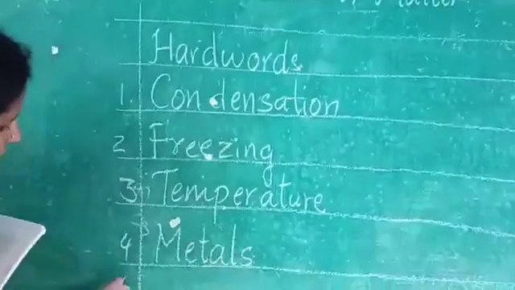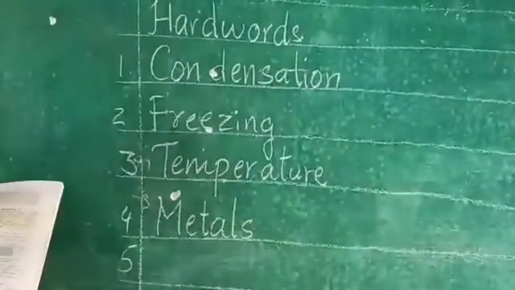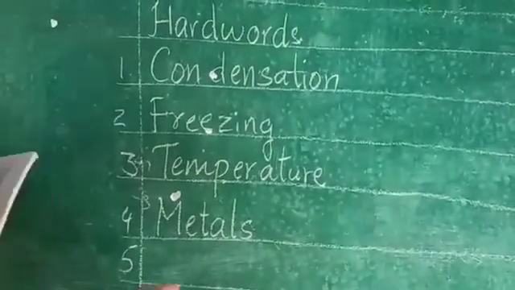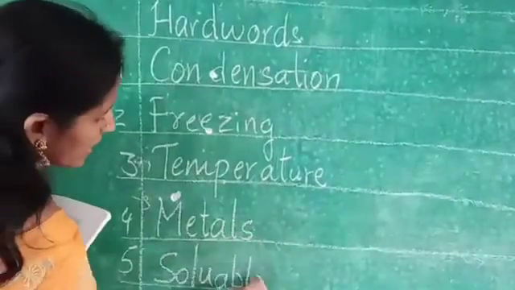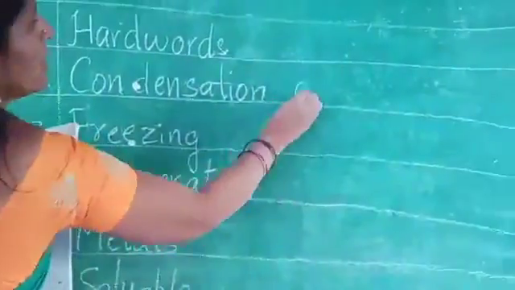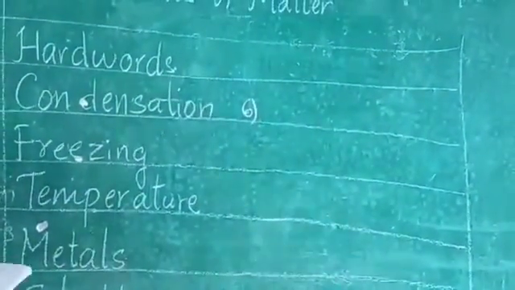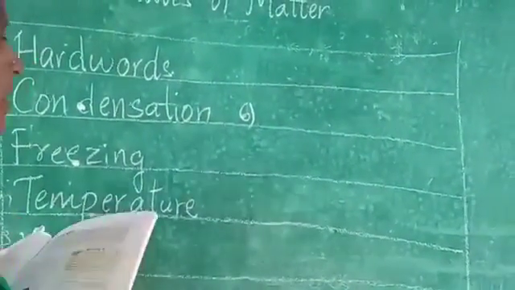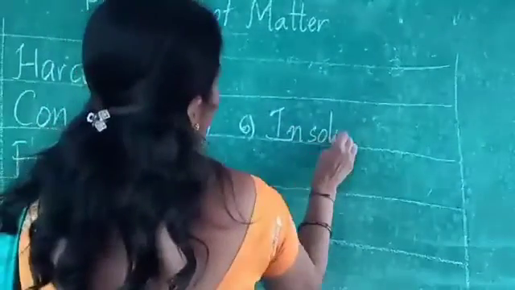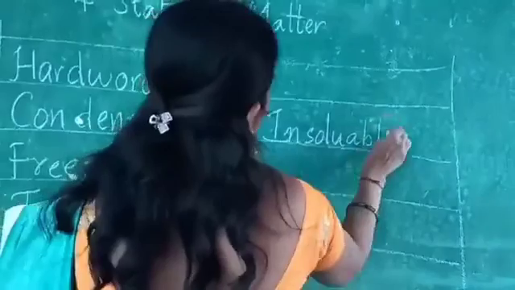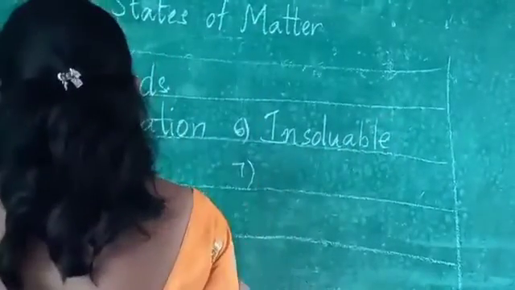M-E-T-A-L-S. Metals. Fifth one, soluble, S-O-L-U-B-L-E. Sixth one, insoluble, I-N-S-O-L-U-B-L-E.